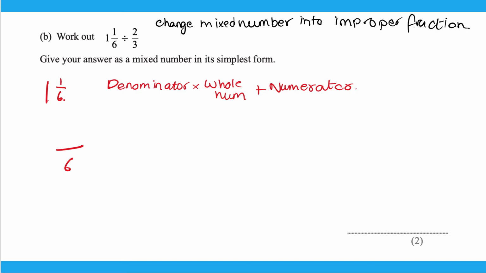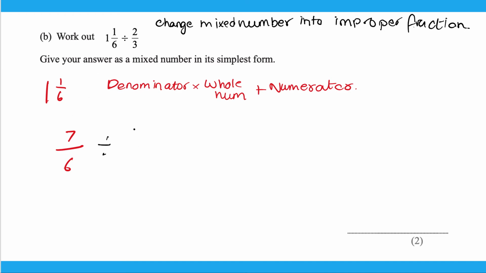So you do 6 multiplied by 1, which is 6, and then you would add 1, which is 7. So our improper fraction is 7 over 6. An improper fraction is when the numerator is greater in value than the denominator. Now we have changed that into an improper fraction.